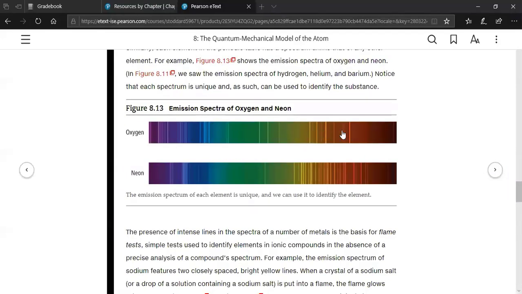Oxygen has a ton of different lines in it, not only because the orbits are close together, but because there's a lot of electrons in oxygen that occupy those orbits. So you have transitions not only down to the n equals 2 level, but between the orbits that are higher than n equals 2. And same thing with neon. The more electrons you get in an atom or an element, the more lines you're going to get like this.